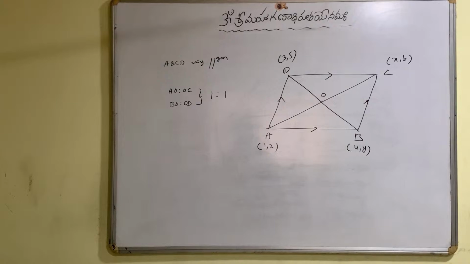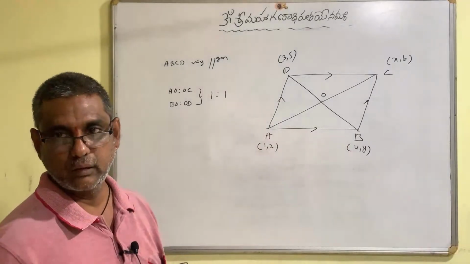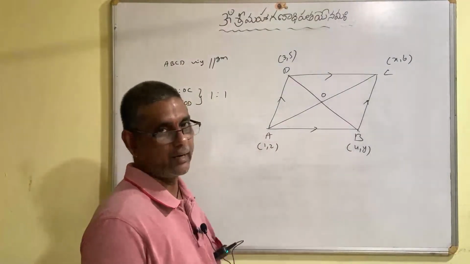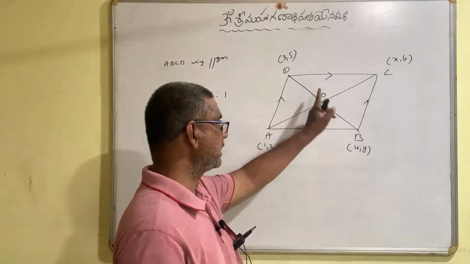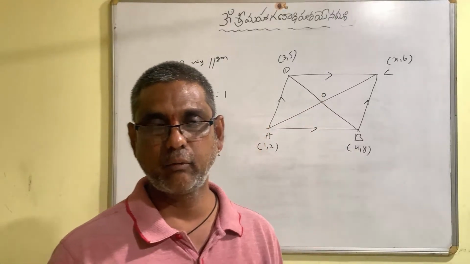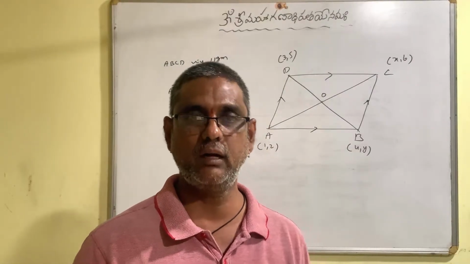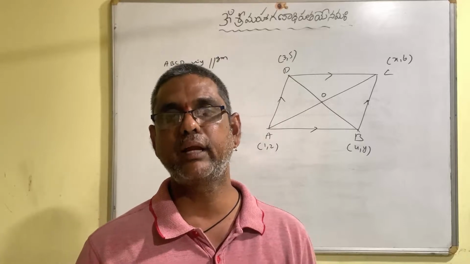Is that understood, children? Diagonals bisect each other means, here you see in the figure both the diagonals are intersecting at a point O. So that O divides AC in the ratio 1:1 and BD also in the ratio 1:1.